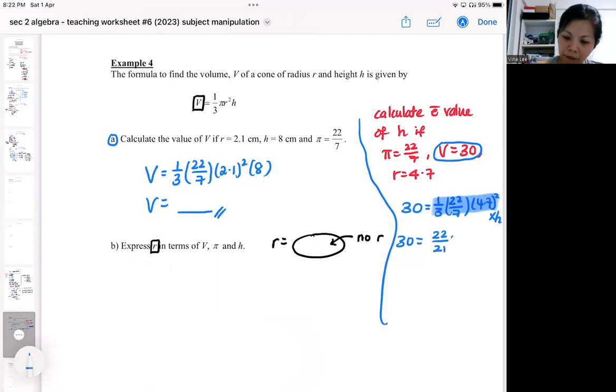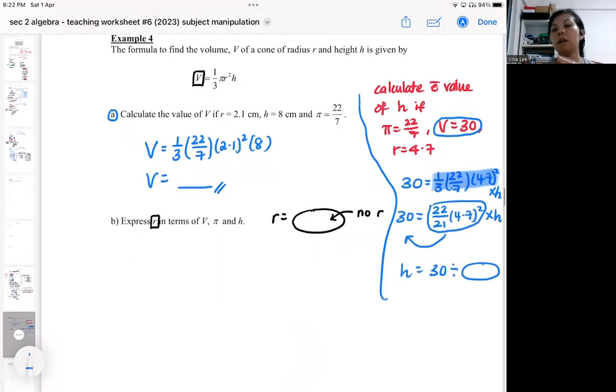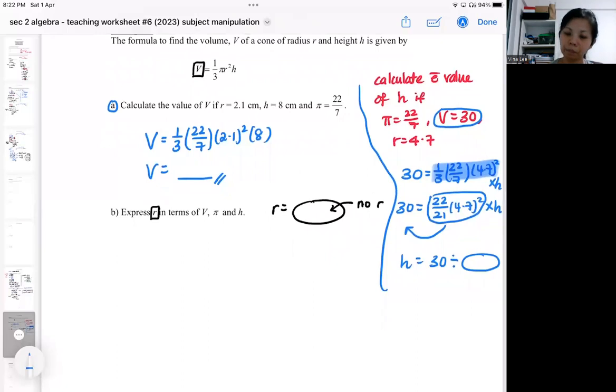So it will give you something like this. So you might as well just divide everything over. Sometimes they might give you values that require you to insert the values and do some manipulation.